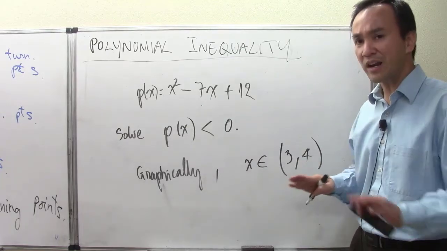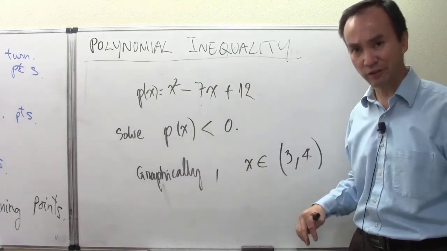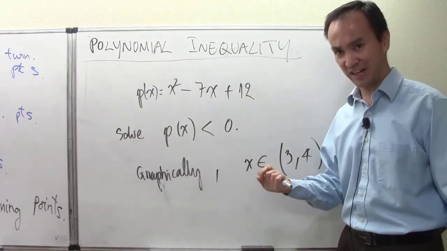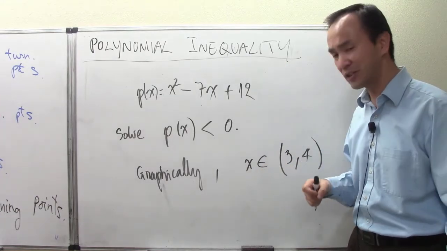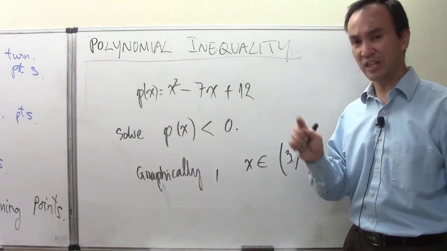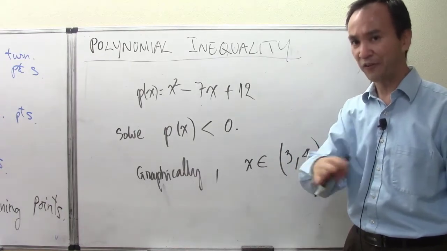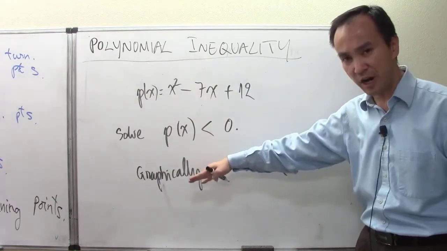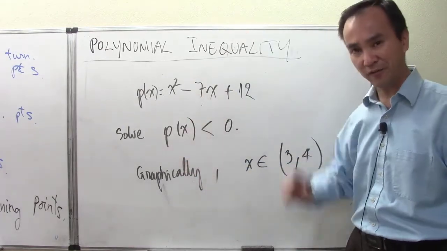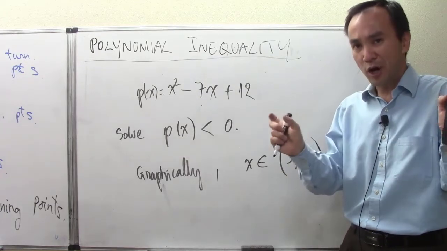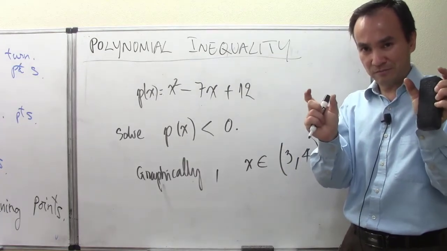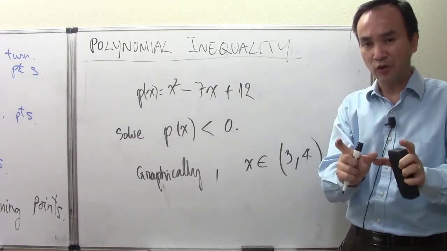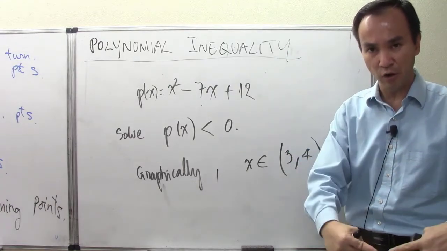But what if we don't always have the graphing utilities? As a matter of fact, it's the technique I want my students in this video lesson to learn, that even without the graph, we can still find the solution. I was only using the graph to explain what it means to be less than 0 for a polynomial or above 0 for a polynomial, because there will be intervals where the graph of the polynomial stays above the x-axis, or other intervals where it stays below the x-axis.